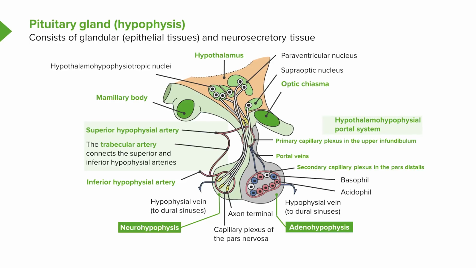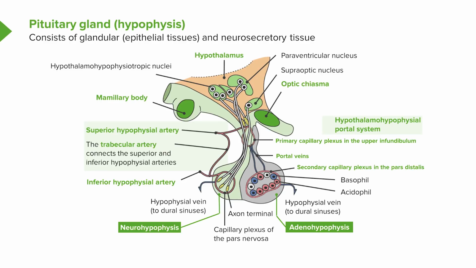They don't go to the posterior pituitary. So the releasing factors that are secreted from those nuclei in the hypothalamus, I'm not going to try and say that word again, pass down through the capillaries and can affect the secretion of the cells in the anterior pituitary.